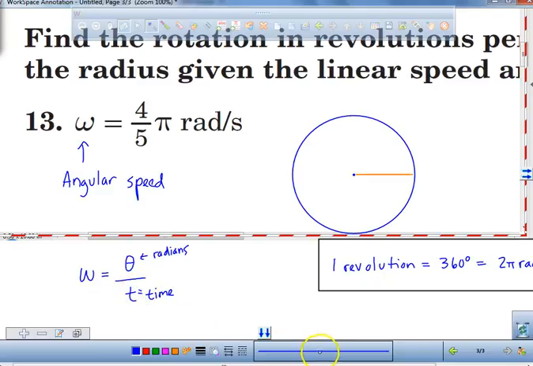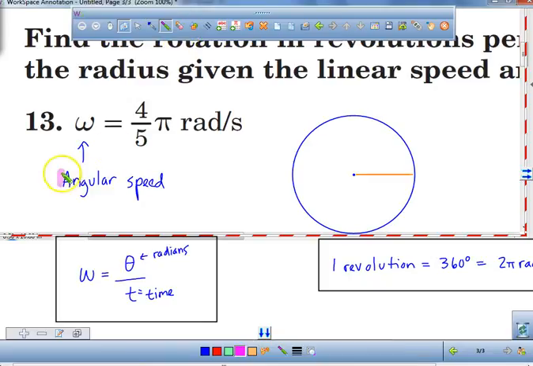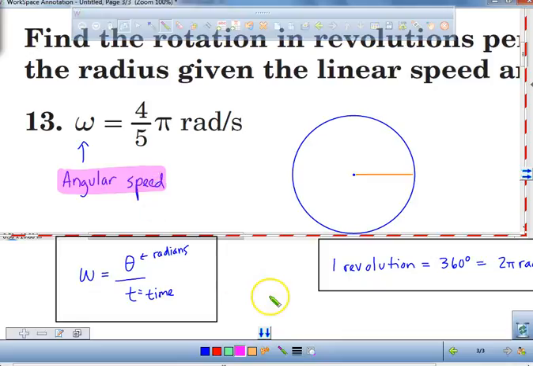So sometimes time can be seconds, sometimes it can be minutes, it could be hours. So right now, it's this theta in radians per unit time. So what I'd like you to do in your journal is make sure you have this with this guy. Okay, so angular speed, W, is equal to what? It's equal to theta over time.